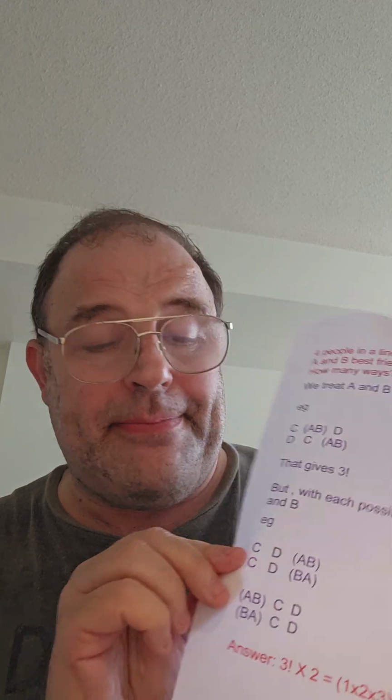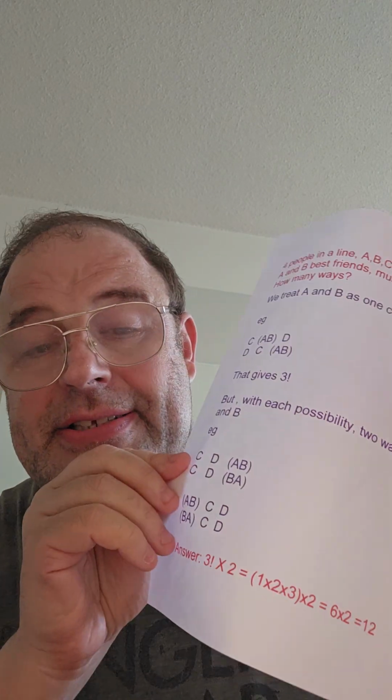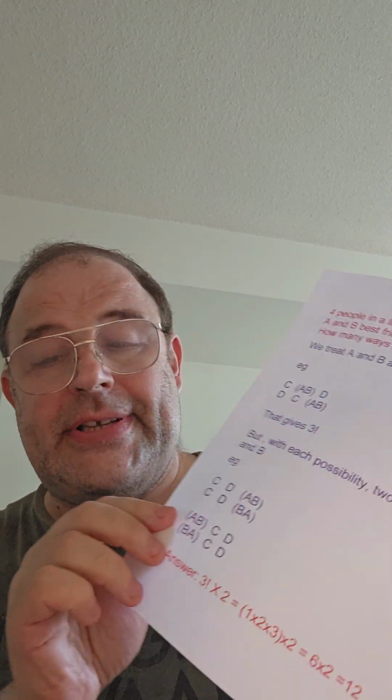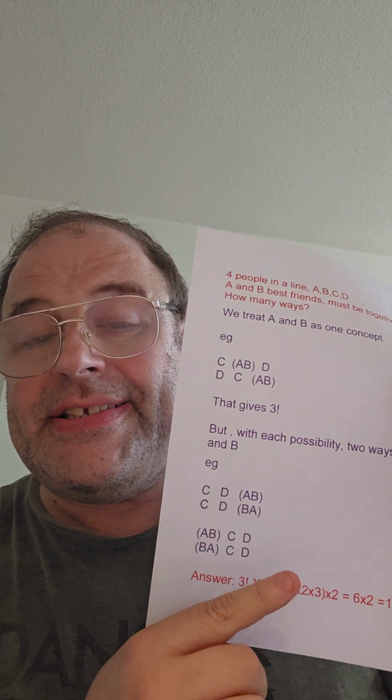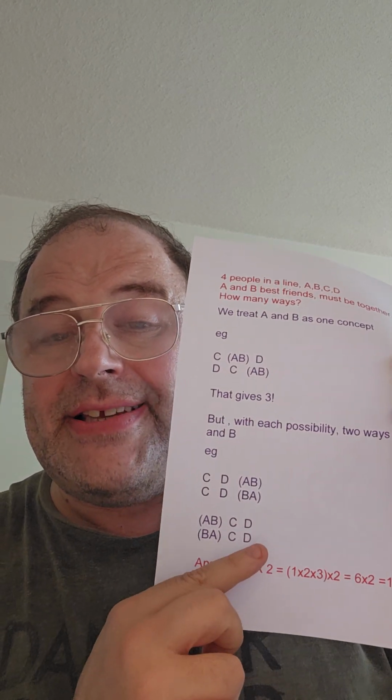But there's one other little twist. With each possibility, there are 2 ways of ordering A and B. So I could, for example, say C, then D, and AB, or C and D, then BA. Or I could say AB and CD, or BA and CD.